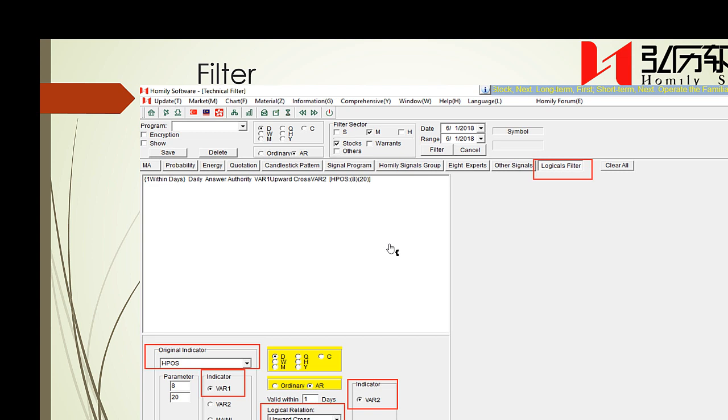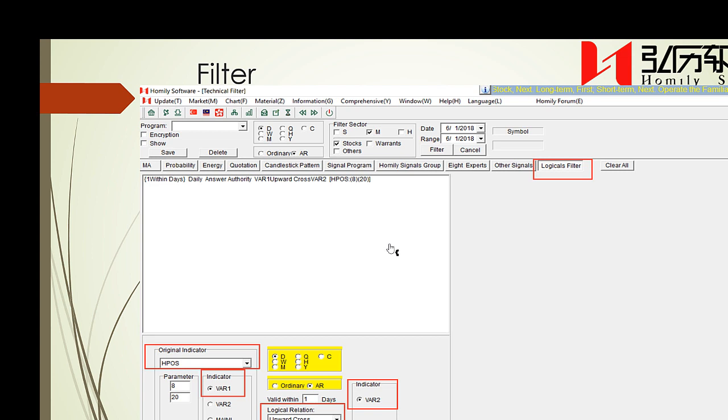The first buy point is what? The other one. No, you don't remember. The first buy point is that the price stands above VAR1 and VAR2. That is, the price stands above the white line and the yellow line. So this is the first buy point. What I teach you, the future method, is the second buy point, not the first buy point.